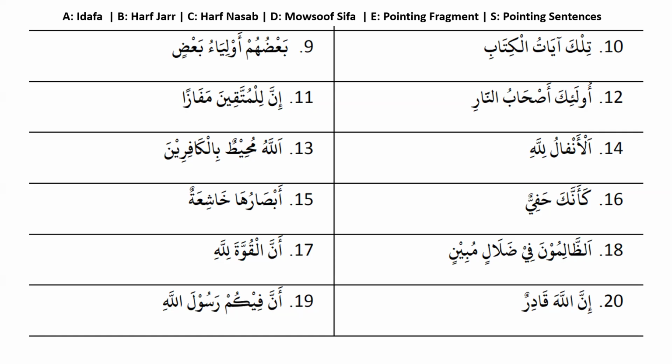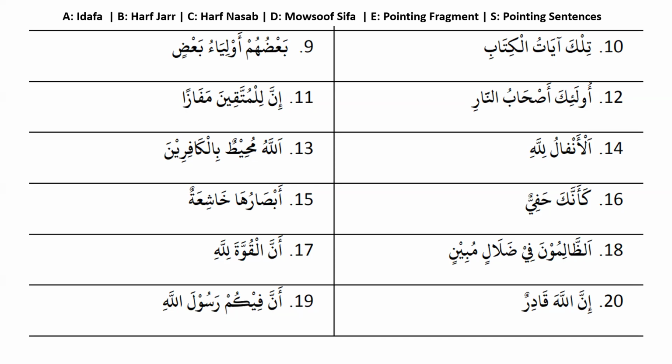So its vision, khashiyatun. Khashiyatun means deep, dark, and fearful. Absaruha is actually a feminine word. Why absaruha? Because the word itself is feminine and it's attached with a ha. So the vision is a feminine word. So absaruha khashiyatun.